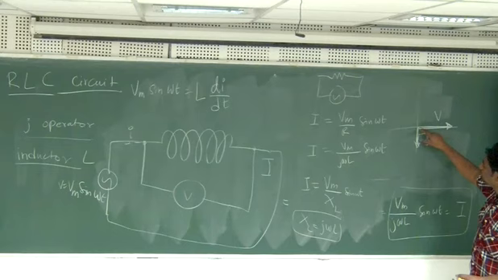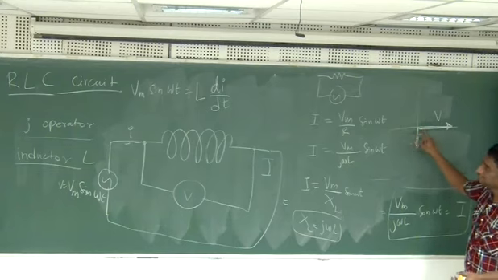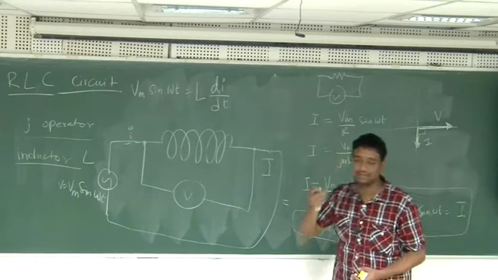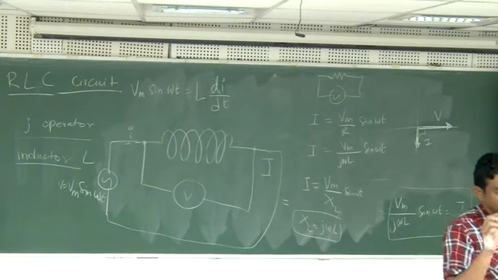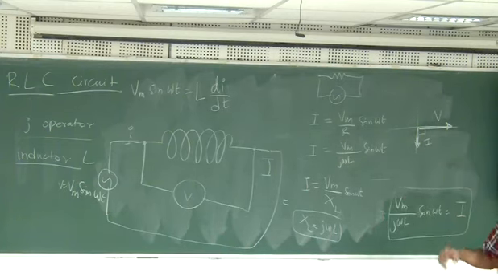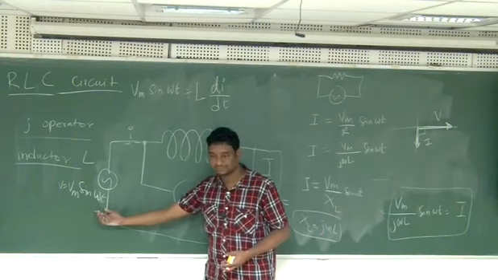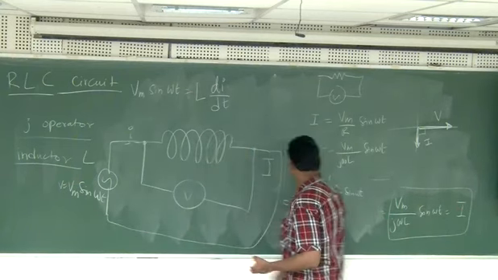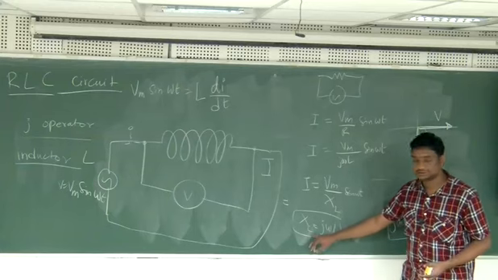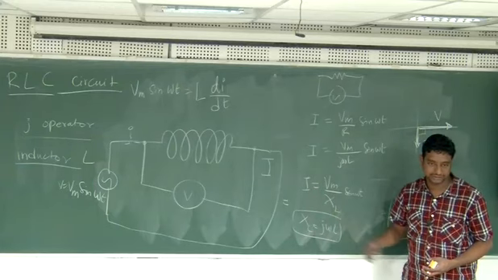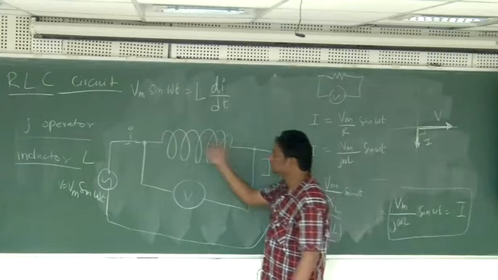How much is the magnitude of this I depends on the value of L and the value of omega. So if you increase omega, that means you increase the frequency, then what happens? If you increase omega, X will increase, and therefore I will decrease. So this is an inductor.